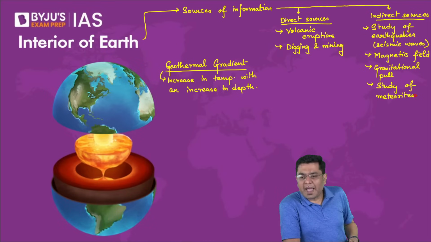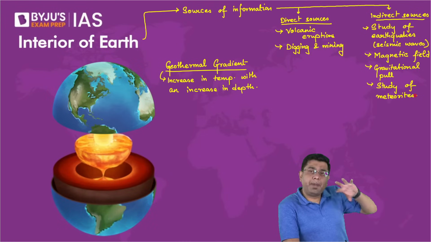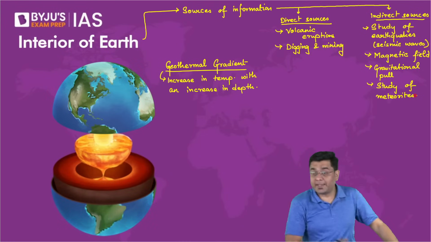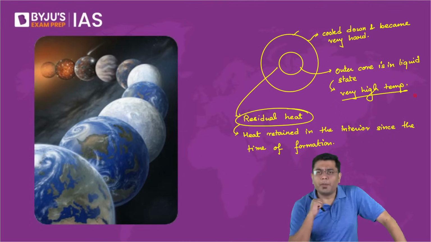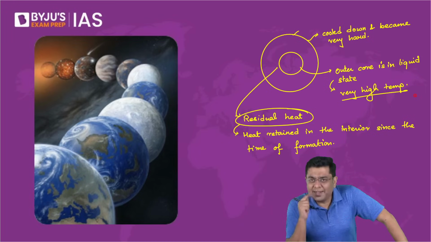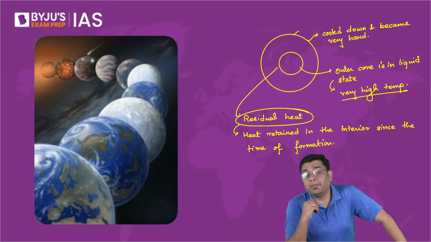Okay, magnetic field point. So when we say the magnetic field, so the planet Earth does extend a kind of a magnetic field. Now here, let us talk about, first of all, why is it that the planet Earth does extend a magnetic field, if at all? After all, just the presence of iron and nickel will never extend a magnetic field, but planet Earth does have a magnetic field. So, why does that magnetic field exist?